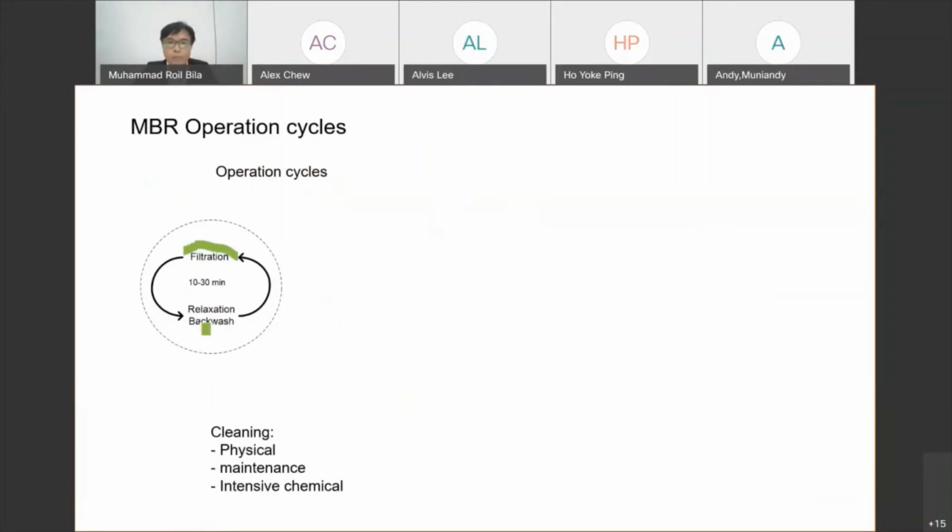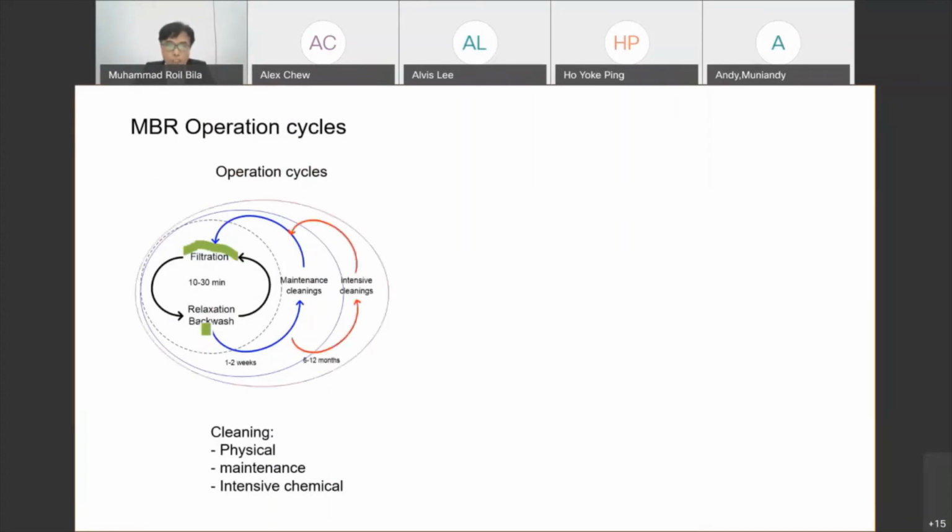And then every month or every 2 weeks, we do maintenance cleaning using a low concentration of chemicals. And then once or twice a year, we have intensive cleaning. So we have 3 types of cleaning: physical cleaning, maintenance cleaning, and intensive cleaning. These are the cycles. On top of this, of course, we have the aeration of the membrane as the main way of controlling the fouling.